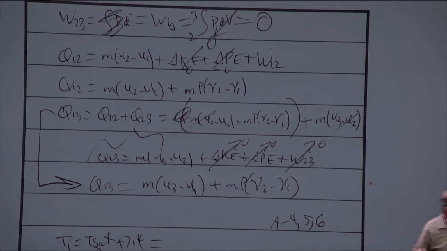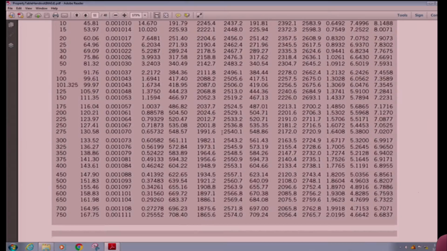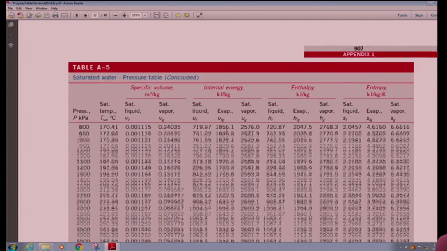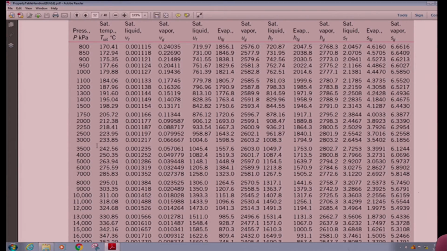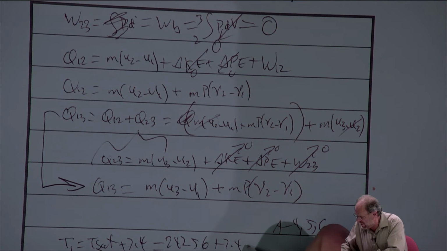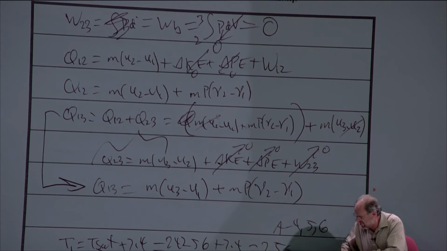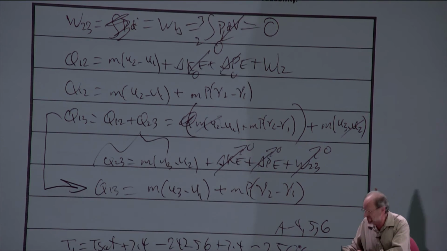So the saturation temperature at, was it 200? No, 3.5 megapascals, quite a bit higher. So on to the next page. There we go. 3,500. So that's 242.56 plus 7.4. And why don't we just call it 250 degrees Celsius for simplicity, right?